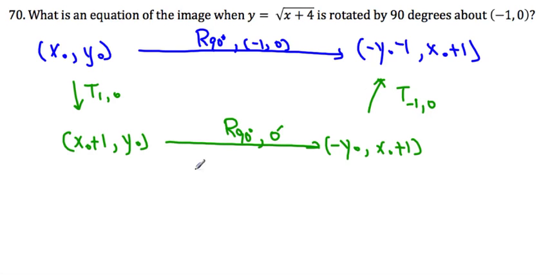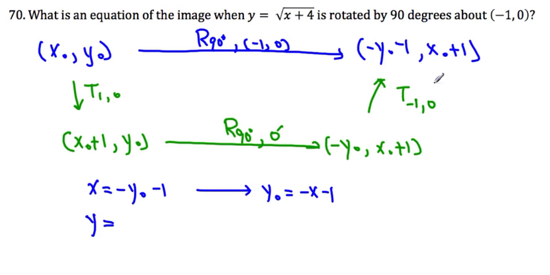So here we can conclude that our new x is negative y naught minus 1. This implies that y naught is equal to negative x minus 1. And our new y is x naught plus 1, which implies that x naught is equal to y minus 1.